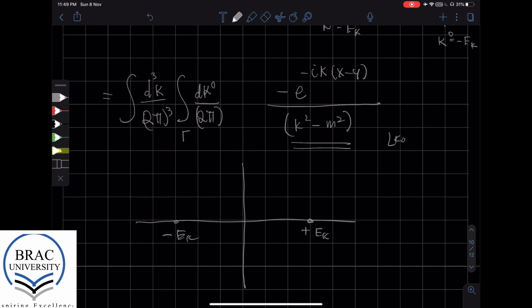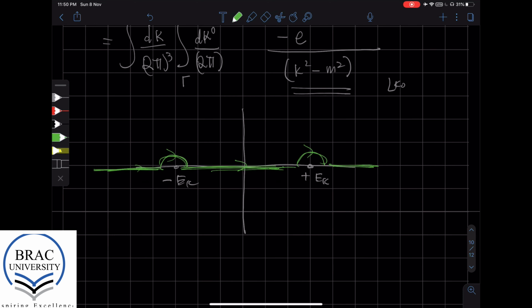So the contour that we have to take is the following. We go this way and we go over these poles, and we go here and we go over this.